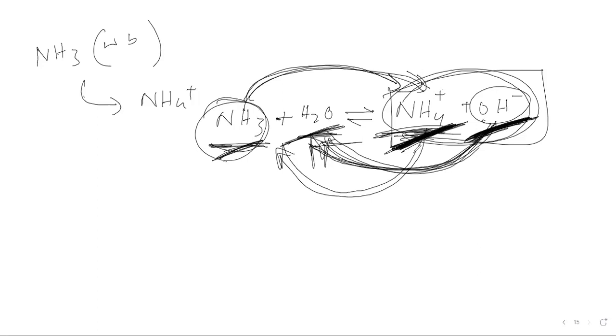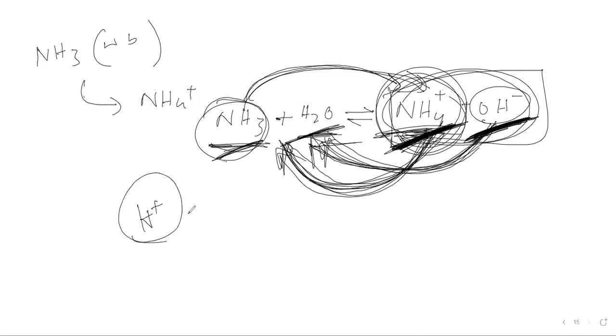NH4 plus is a strong conjugate acid. It will willingly donate a proton, isn't it? That means more H plus will be there, because this is a strong acid providing more H plus to the solution. That means the pH will remain lower, because more H plus means higher concentration of H plus, and that means a lower pH value.